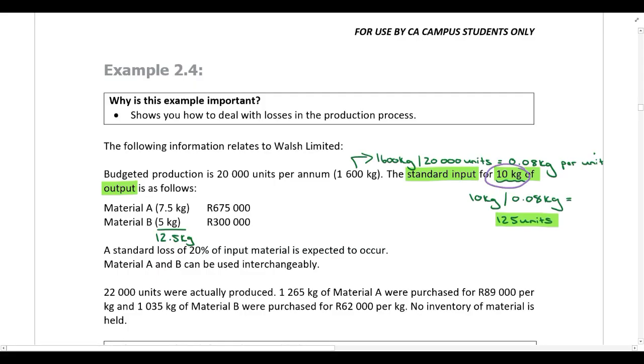So there are losses in the production process. And you can see that's confirmed just below. A standard loss of 20% of input material is expected to occur. So when they input 12.5 kilograms into the production process, a standard loss of 20% is expected to occur, leaving them with output of 10 kilograms, which is confirmed just above, over there.